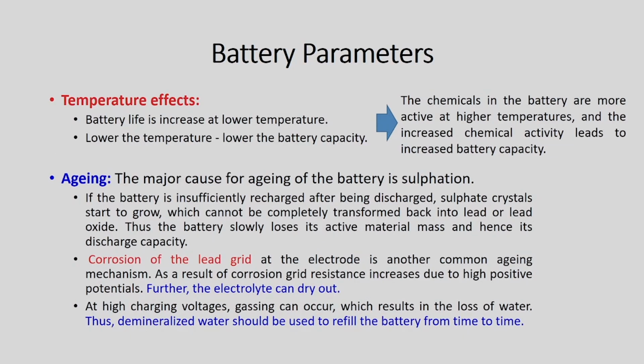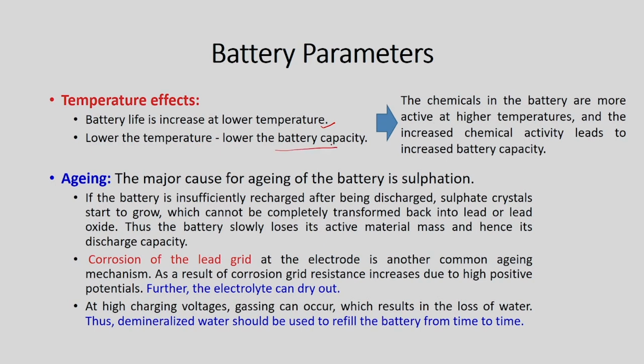And how temperature affects the battery life: battery life is increased at lower temperature. If you can keep it at low temperature or room temperature, then battery life is expected to be higher, and the lower the temperature, the lower the battery capacity again.